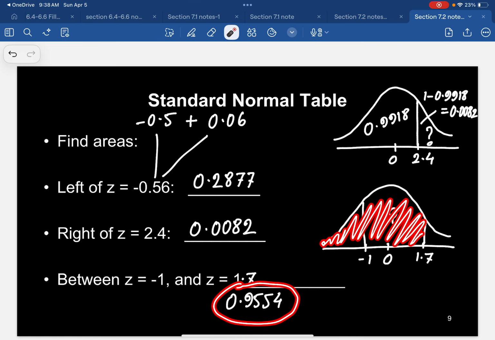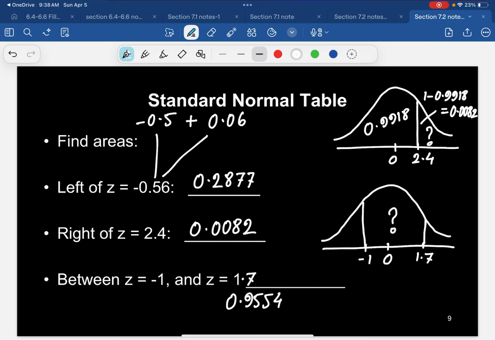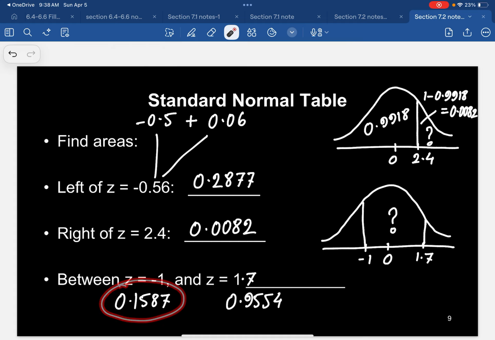Okay, now the area for -1 from the table is 0.1587. Okay, so this 0.1587 is the area to the left of -1, which is this part. Okay, so what we're going to do is subtract the bigger portion minus the smaller portion, because that will give us the middle portion, right?